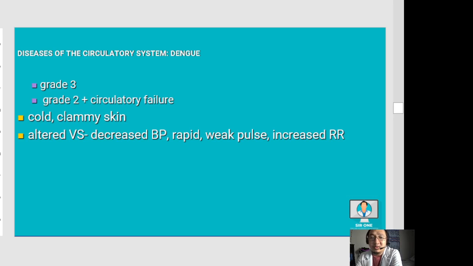Okay, so why is bleeding a risk for these patients? Because as I've mentioned earlier, the virus destroys platelets. Okay, and we know that one of the functions of platelets is the clotting action.